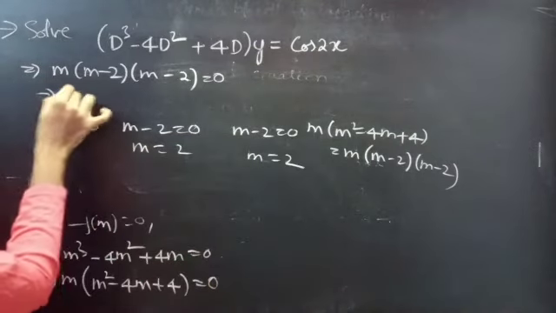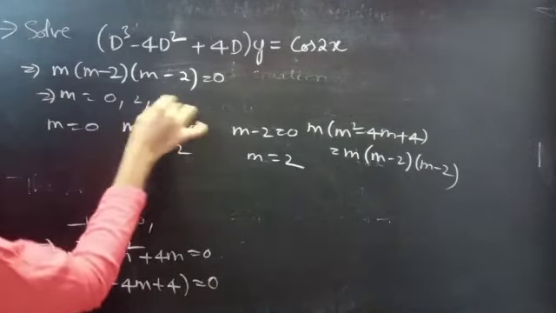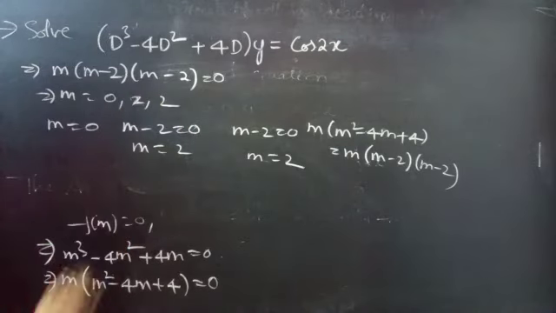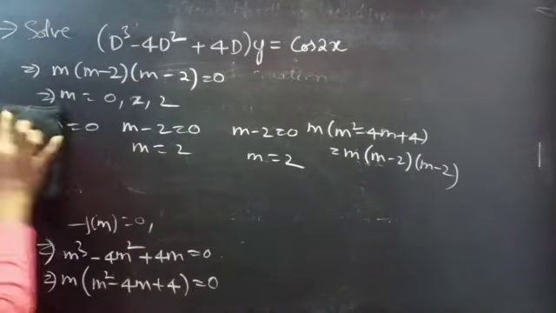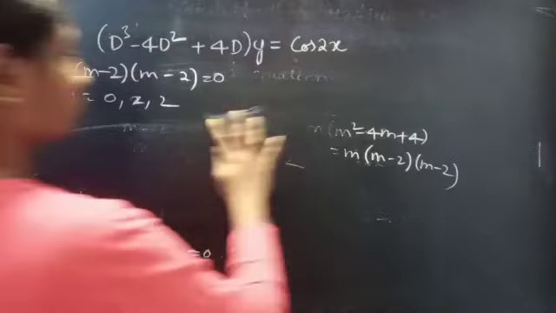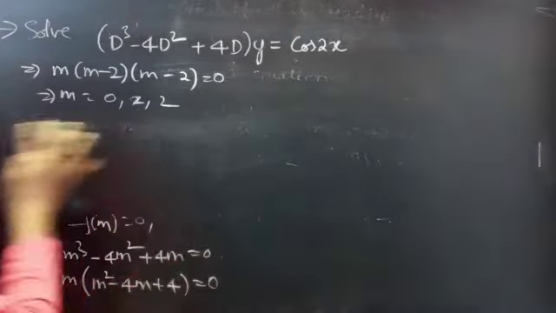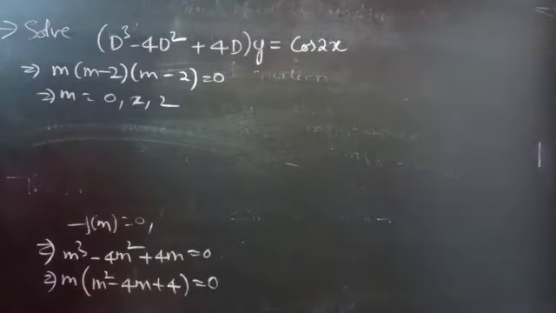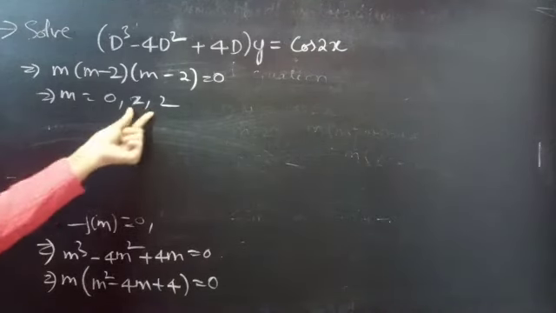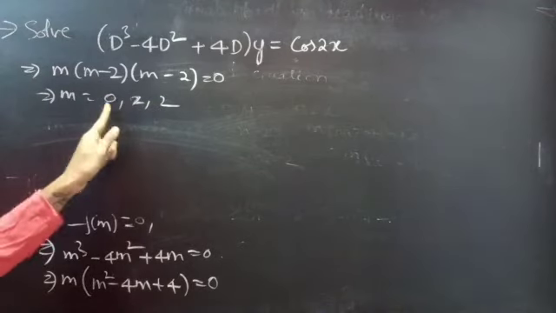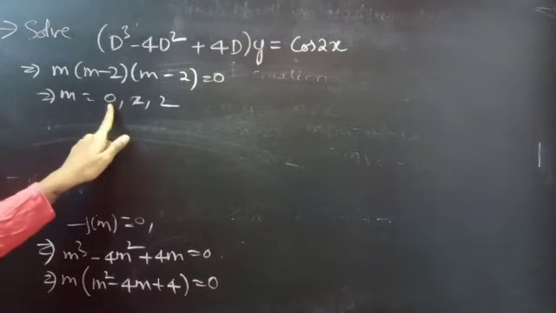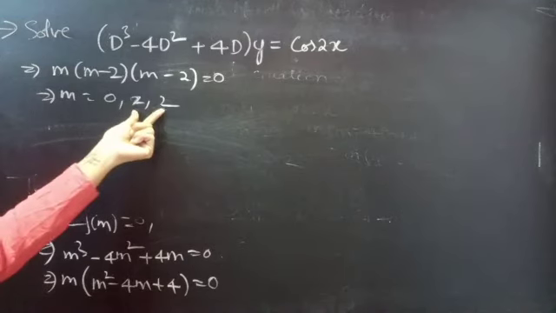Then the roots will be m equals 0, 2, 2, right? Here 2 is repeating twice, so we call these two equal roots and one distinct root.